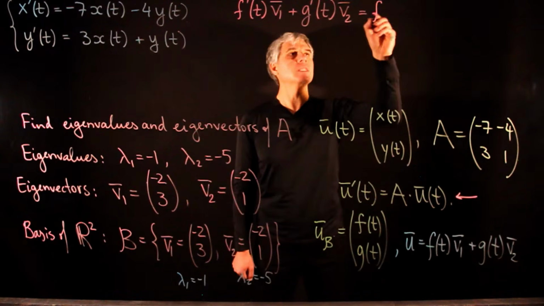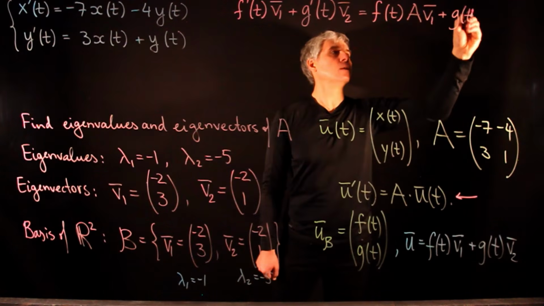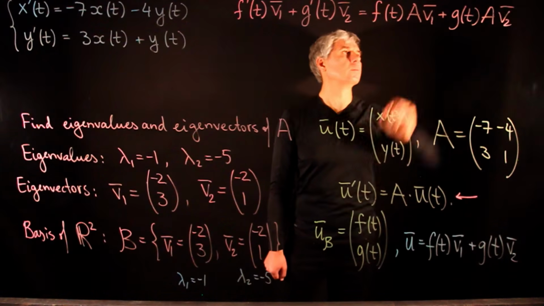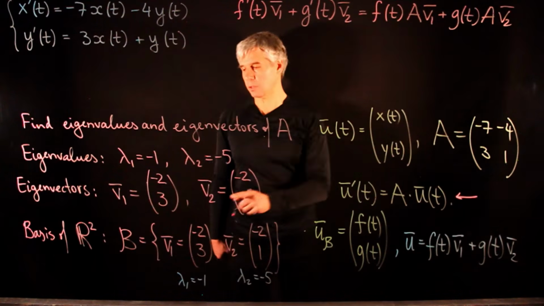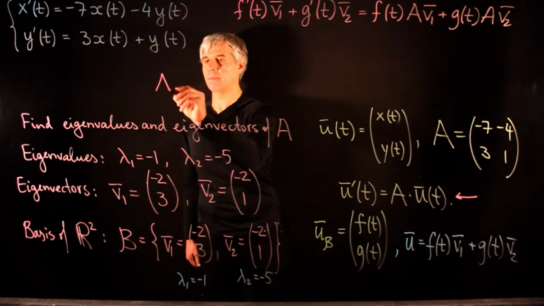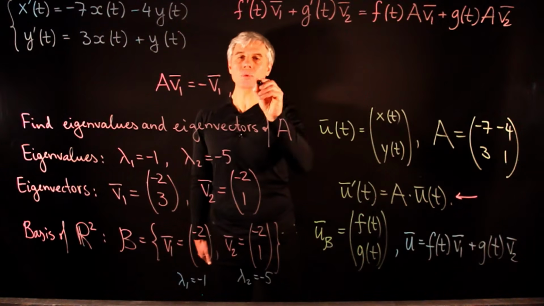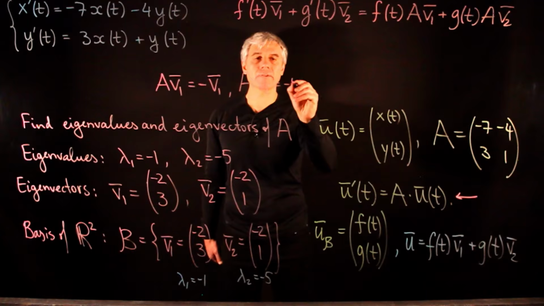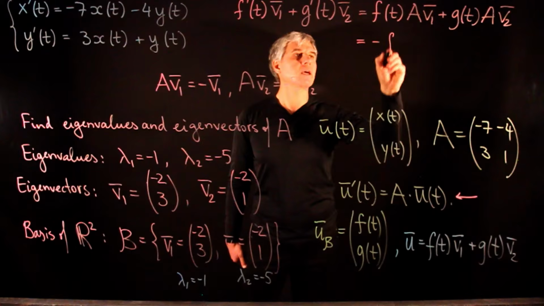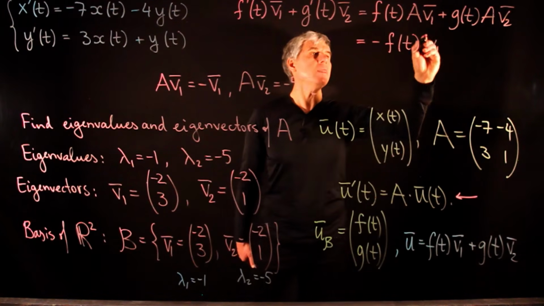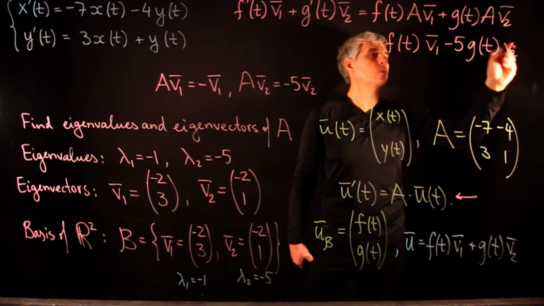So we have f of t times A v1 plus g of t times A v2. But the vectors v1 and v2 are eigenvectors of matrix A. So this means that A v1 is equal to minus v1, and A v2 is equal to minus 5 v2. So the right-hand side will become minus f of t times v1 minus 5 g of t times v2.